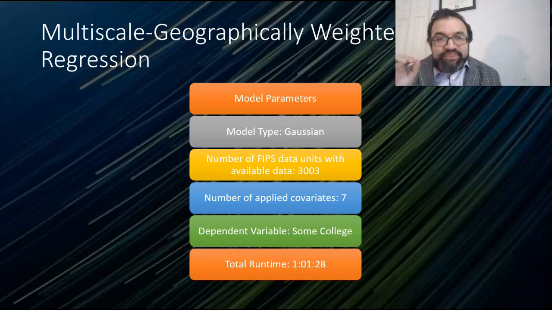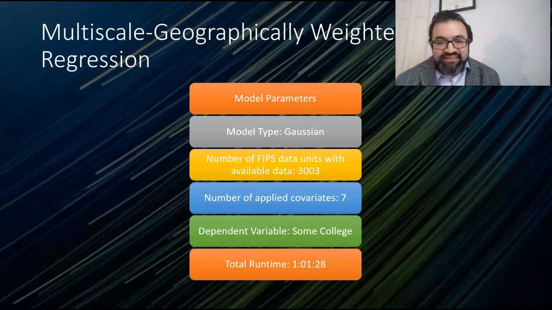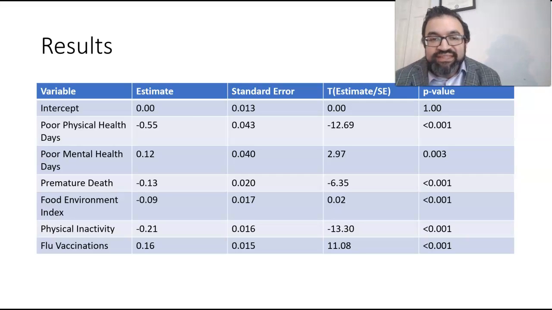The number of data units that were available was 3,003 FIPS units. There are in fact six covariates. The dependent variable was some college, and it took about 1 hour to run the whole model. So there's a slight error, it's actually six. So let's look at the results.